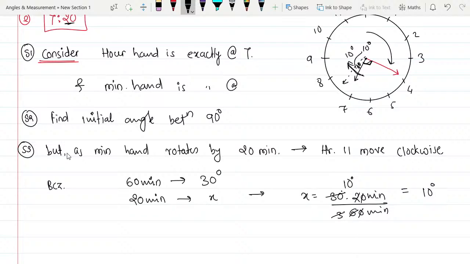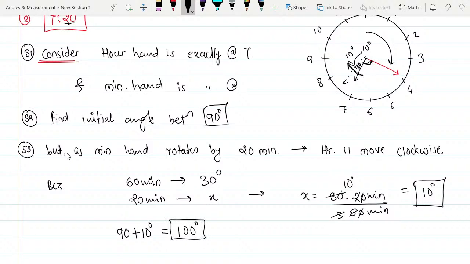Of course, in that 90 I have to add that 10 degree. Okay, so how much angle you will get finally? So initially we had 90 degree initial angle, and the rotation of R hand because of the minute hand rotation, that is 10 degree, which is nothing but 100 degree.